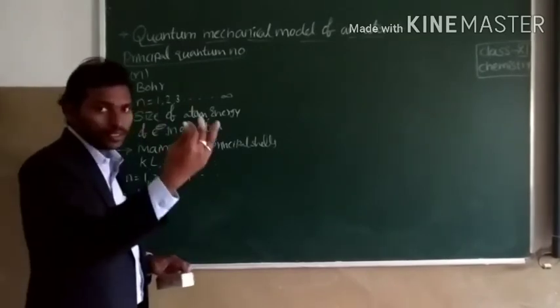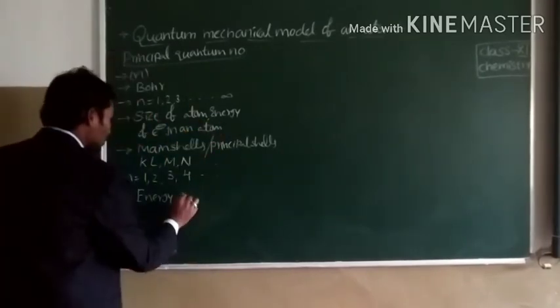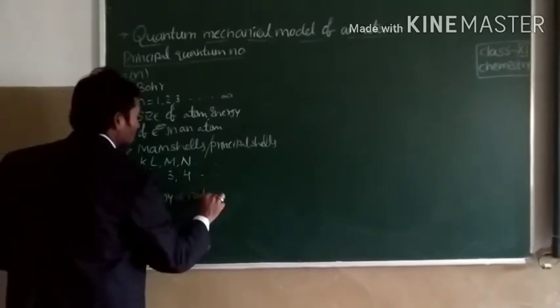Energy of the electron increases as the radius of the atom increases. Energy is directly proportional to the radius, children.